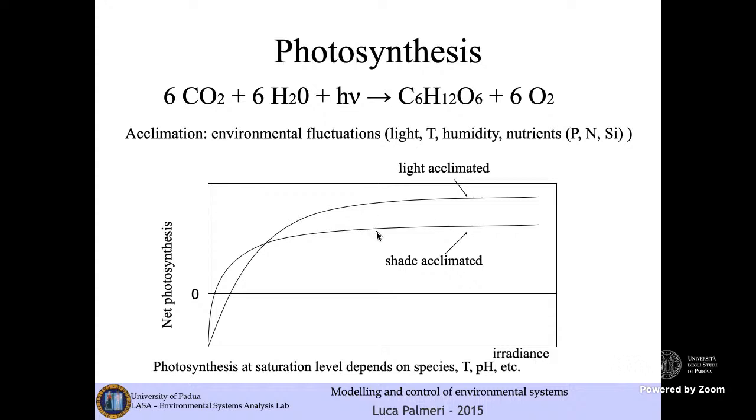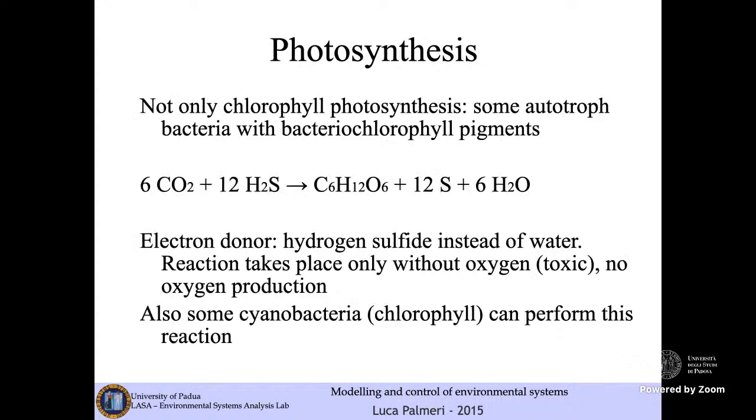In the case of shade acclimated photosynthetic machinery, we have a lower saturation value of net photosynthesis, while for machineries that are light acclimated we have a higher saturation value of net photosynthesis.